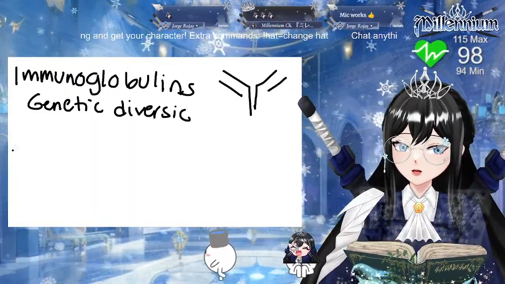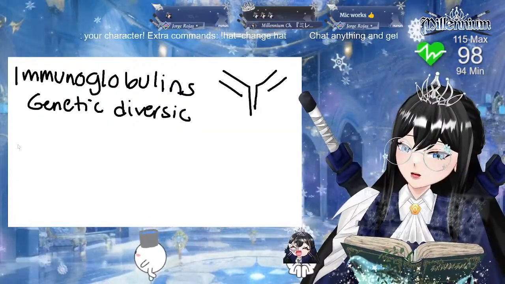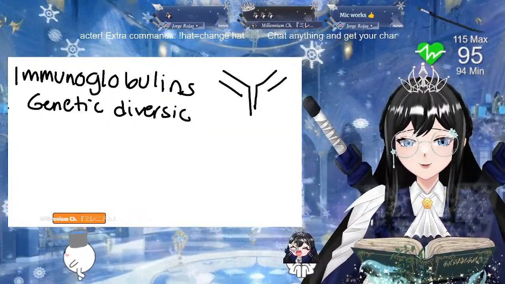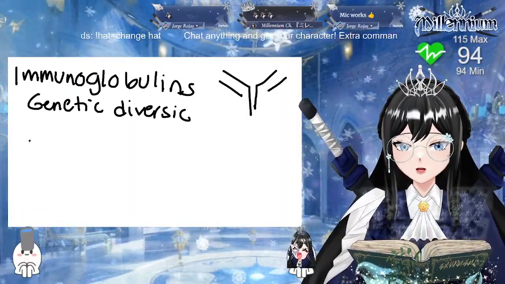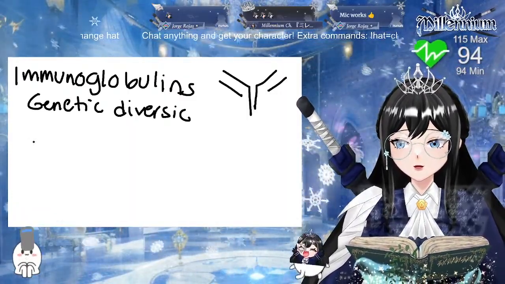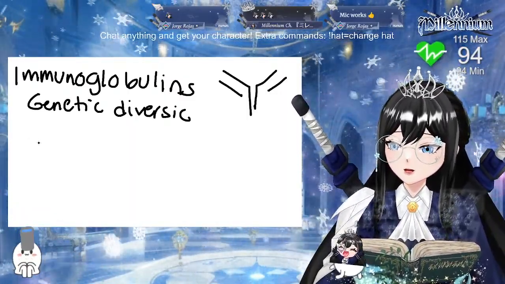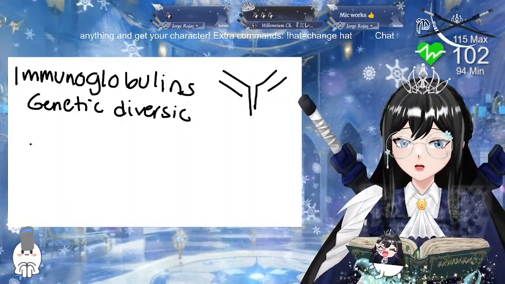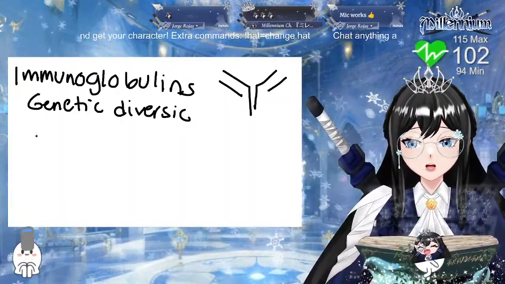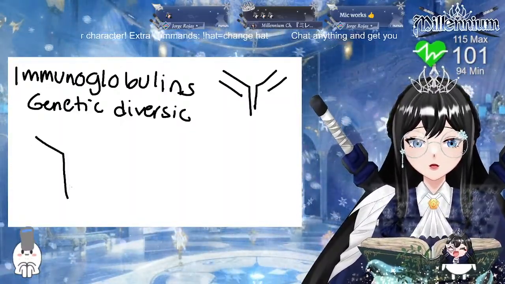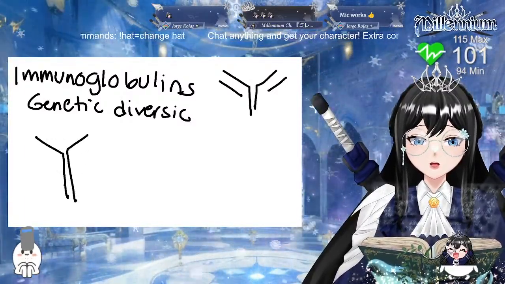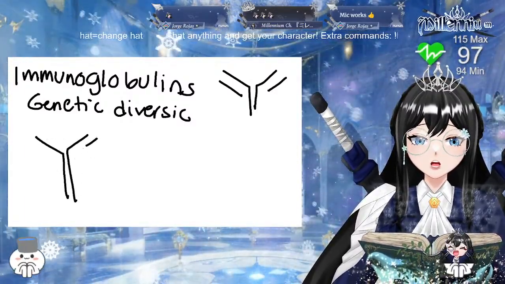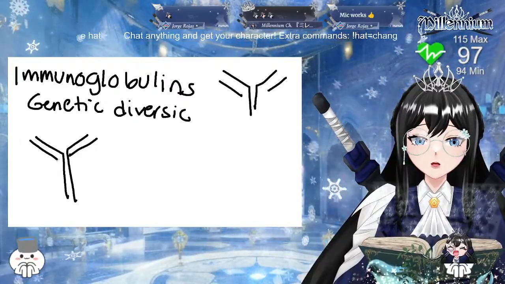Just as an overview, I'll try to summarize this in a very quick sense. These are proteins used to help you defend against pathogens or bad stuff. They're made up of 2 amino acid chains. This is the heavy chain, and these small ones are the light chain.